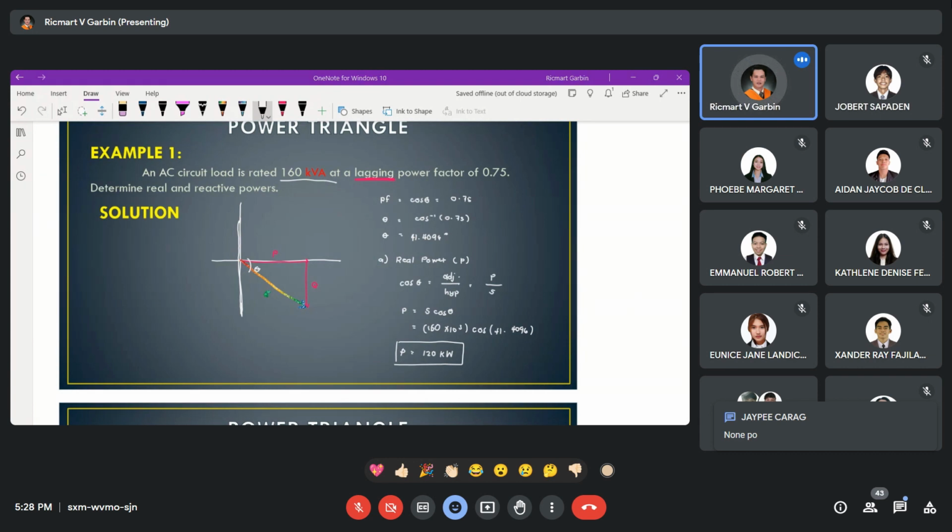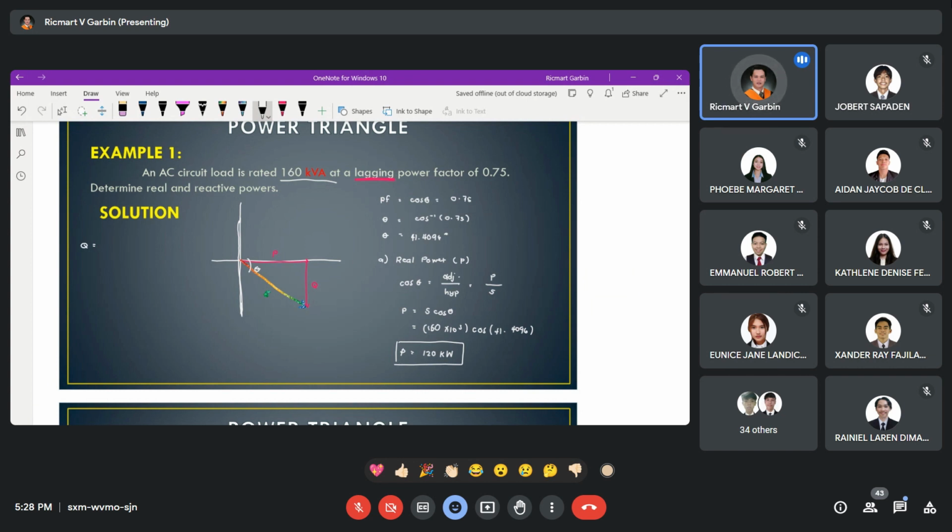Okay, so how about naman yung ating Q? So in terms of Q naman, so kung ang pagbabasehan pa rin natin is yung original natin na S at saka Q, ano namang trigonometric identity ang ating gagamitin?